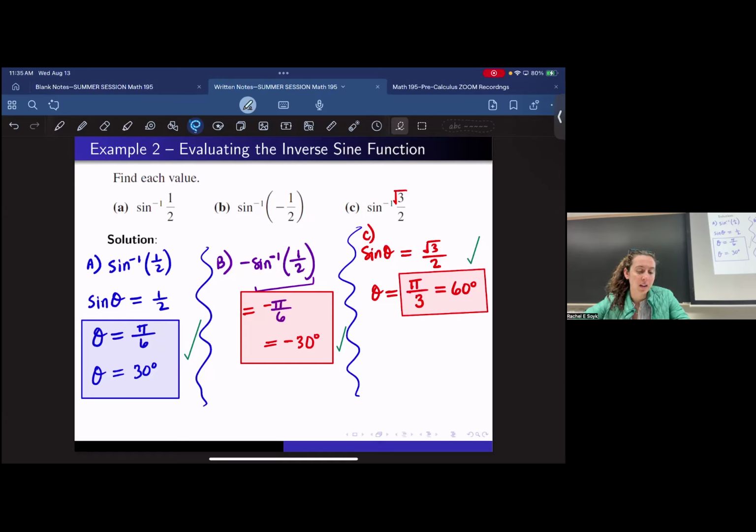Usually when they say find each value, they'll put more of a restriction on it. They'll be like, find each value between 0 and 180 degrees. And then that's where there's only that one solution, known as our base solution. But yeah, there's an infinite number of answers for these because a circle just goes on forever. So you can do any coterminal angle of 30, any coterminal angle of negative 30, or any coterminal of 60.